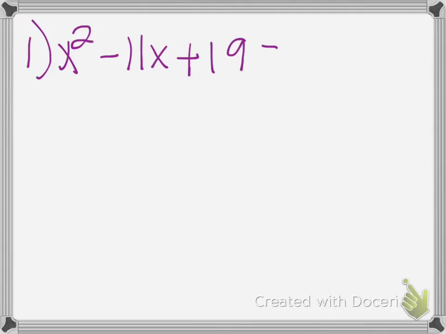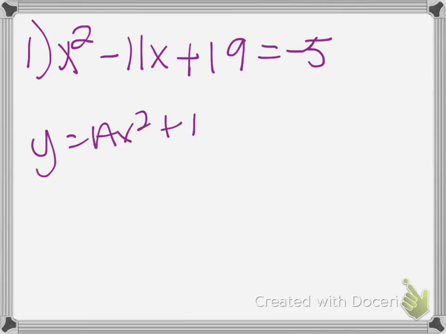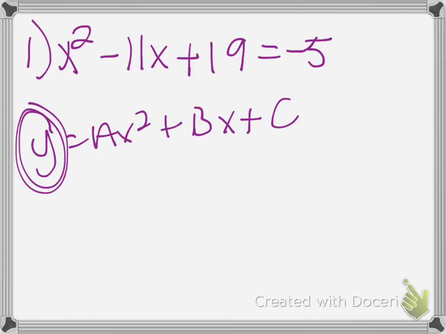Okay, so let's look at our first problem. Our first problem is x squared minus 11x plus 19, and that equals -5. So again, everything has to equal 0, because remember, your quadratic function is y equals ax squared plus bx plus c, and my y has to be 0 in order to find my x-intercept.